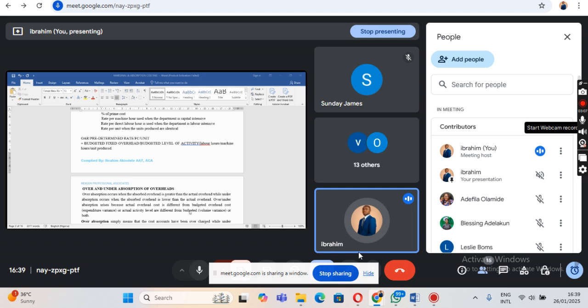This budgeted level of activity could be labor hours, machine hours, or percentage of prime cost, depending on the company's basis of absorption. This will now take us to over and under absorption. I told you in our last class not to worry about over and under absorption. You will understand it when we start the format of absorption costing.